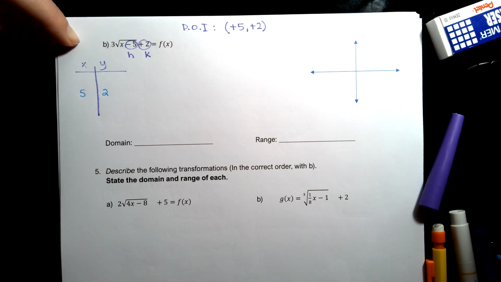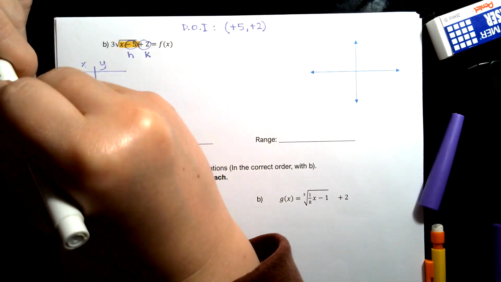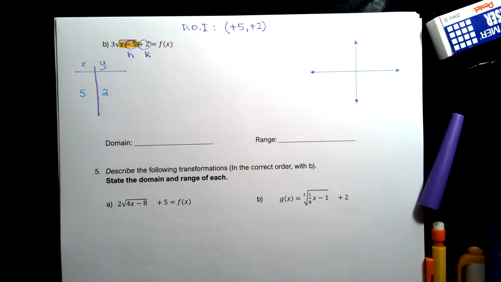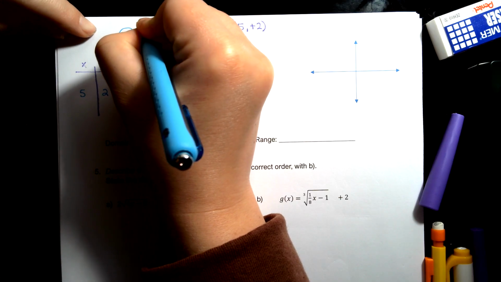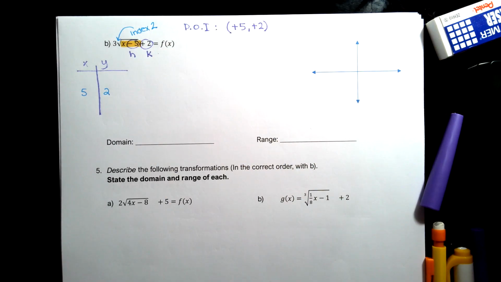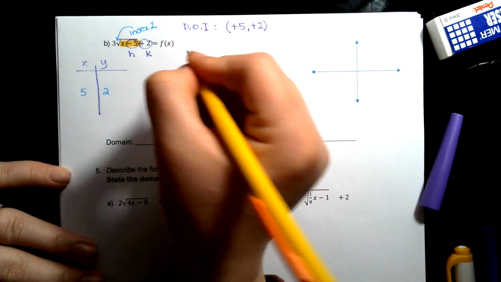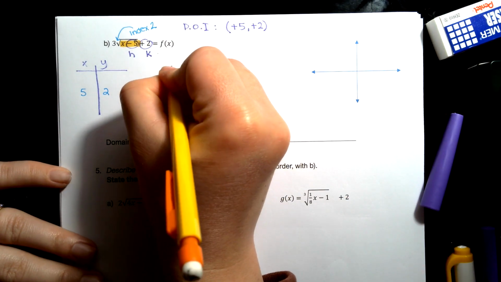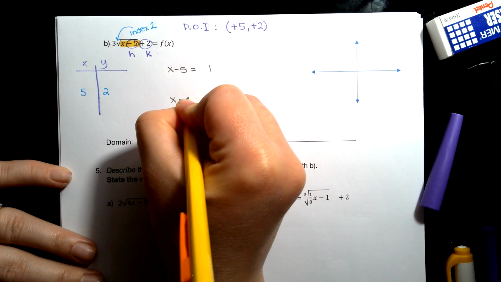You're going to take your insides, all of your insides and only your insides. This here, you got to be careful because this is a square root, not a cube root. And this kind of changed things just a little bit. So if we do the same thing, take our insides, set it equal to 1, take our insides, set it equal to -1.